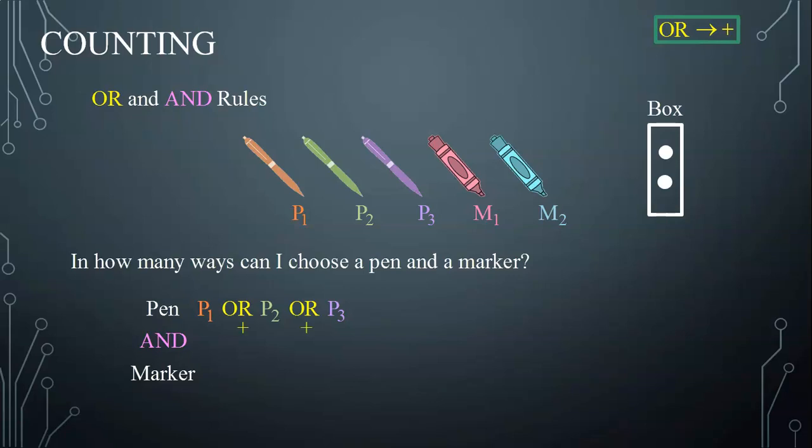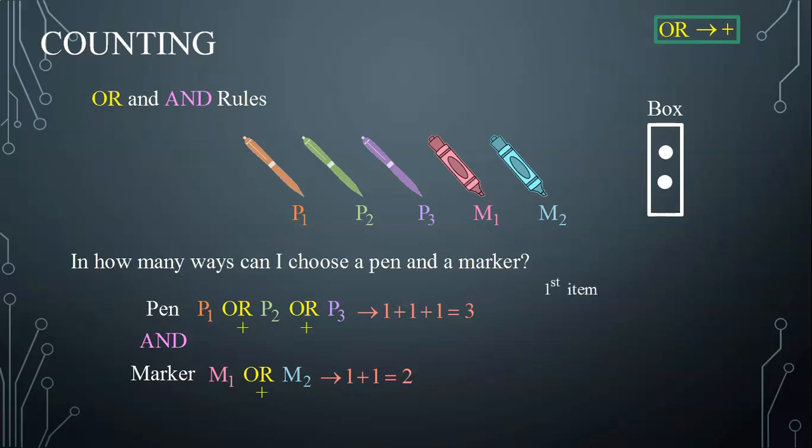And OR means addition, then I have 3 possibilities for pens. Similarly, for markers, I can choose M1 or M2. And OR means addition, then I have 2 possibilities for markers. But I want 1 pen and 1 marker, so let us try to figure out the AND rule.